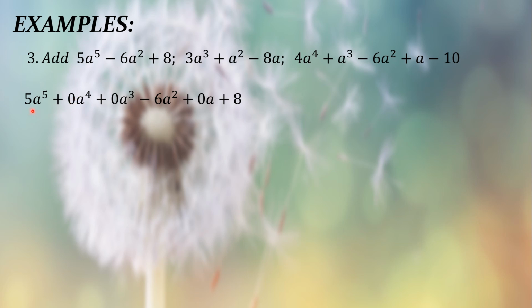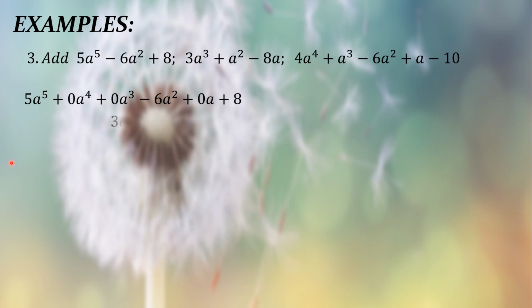So, magiging 5a to the 5th power plus 0a to the 4th power plus 0a cubed minus 6a squared plus 0a plus 8. So, paano nagkaroon ng 0a dito? Dahil ang kasunod na ng 2 ay ang constant, so kailangan po may variable a para kapag pinagtapat-tapat natin, alam natin kung alin yung may blanco.